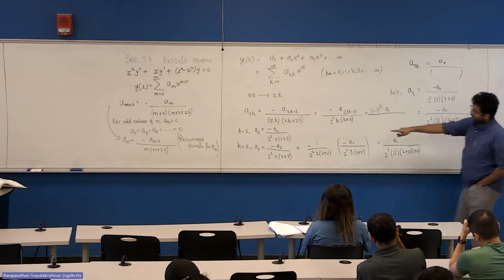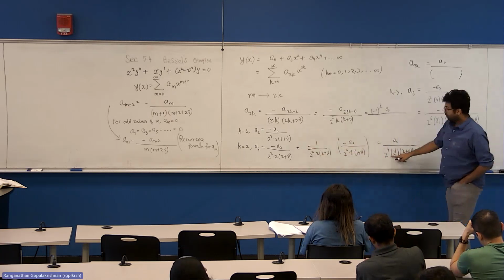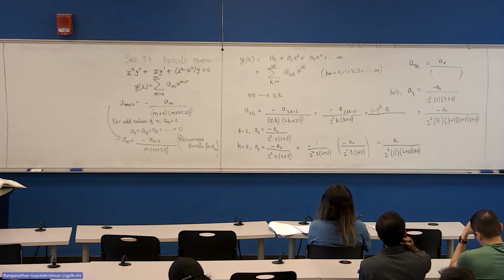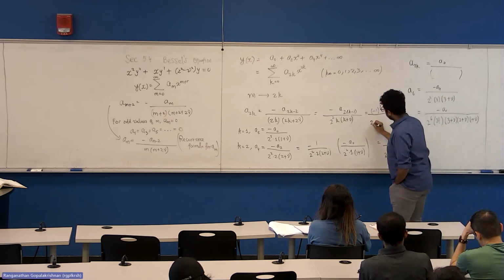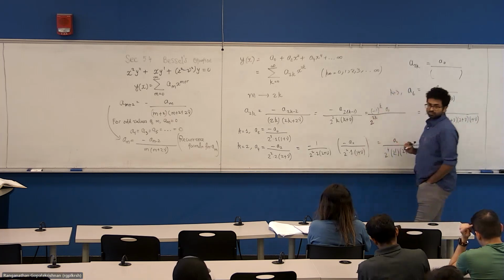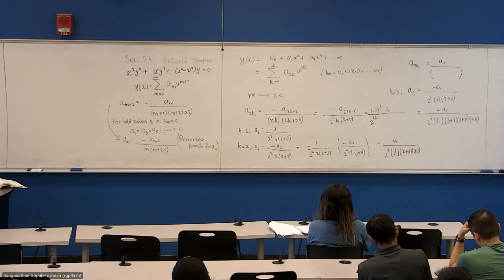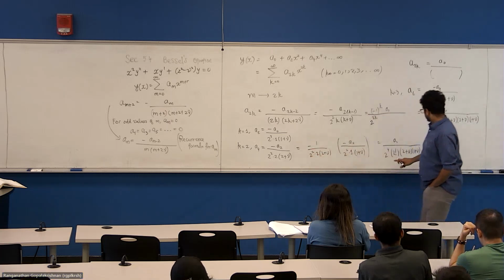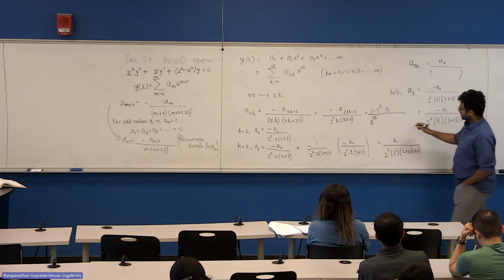You had 2 squared, 2 to the 4, 2 to the 6. So what is the generalization? 2 raised to the power 2k. And then you have 1 factorial, 2 factorial, 3 factorial, that's easy.